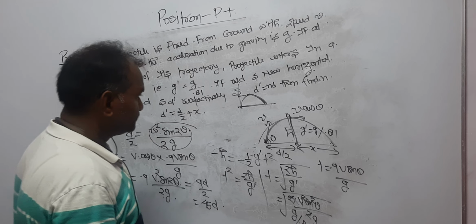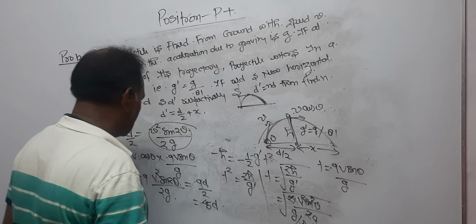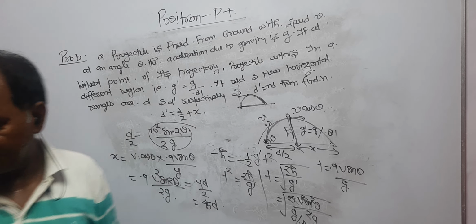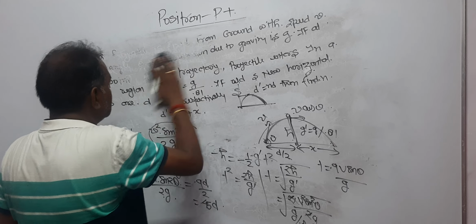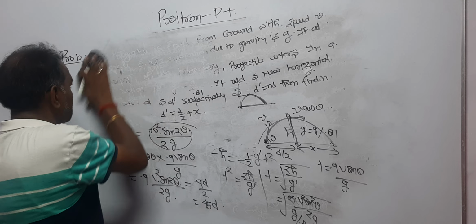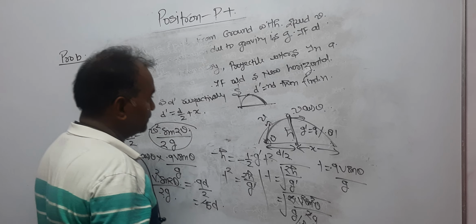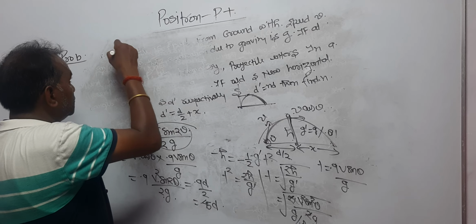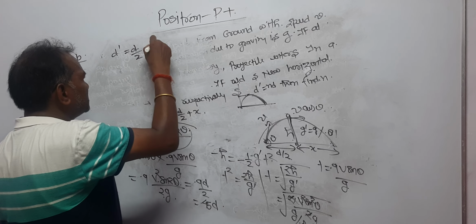Now dear student, what is D dash? I am just removing this stuff. D dash is equal to D by 2 plus x.